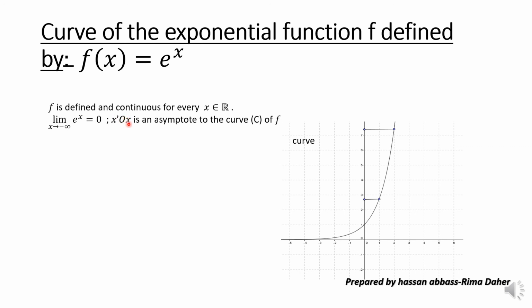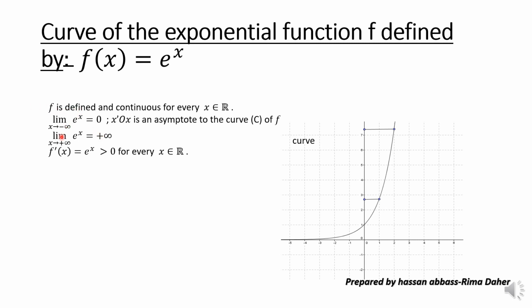Then the x-axis is an asymptote to the curve C of the function f. Limit where x tends to plus infinity of the exponential x equals exponential plus infinity, equal to plus infinity.